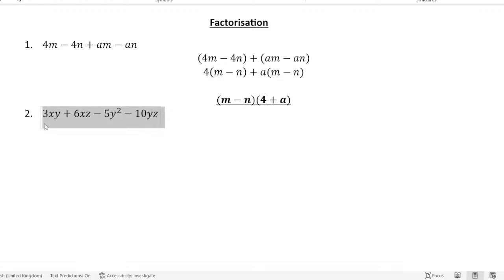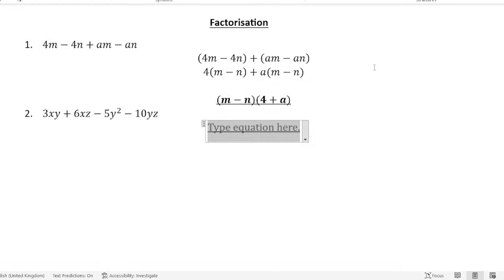It's an expression because there is no equal sign. So we have the expression 3xy plus 6xz minus 5y squared minus 10yz. All right, now let's get started. Remember, the first step is to group them together.